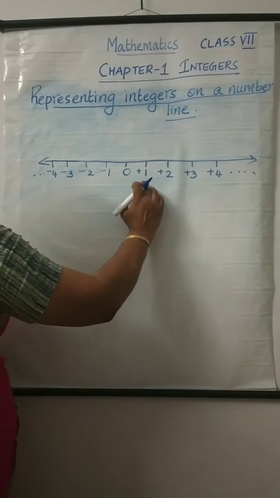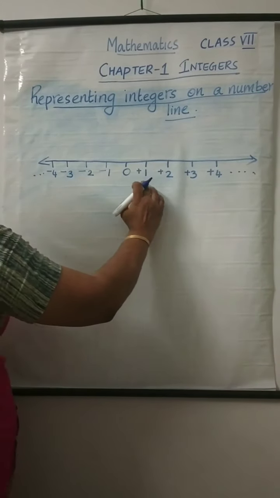So the answer is minus 1. Minus 3 plus 2 is equal to minus 1.